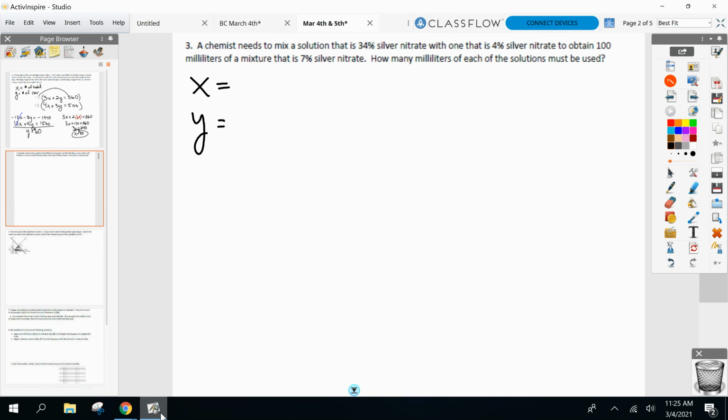Yep, okay, so I'm going to let X equal the amount of 34% solution. I got to mix it with what, Dan? Gotta mix it with 4% of silver nitrate. There you go. So I'm going to take X and leave that be the amount of 34%, and Y will be the amount of 4% solution I got to mix together.